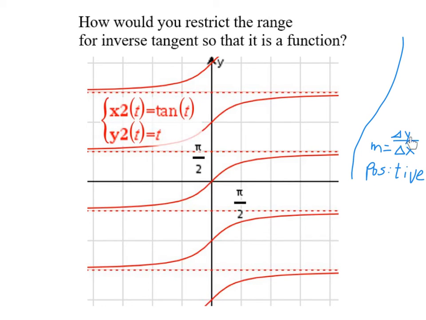Because when you switch x and y, that doesn't change the sign of the slope. So we can know that the inverse tangent is also going to be increasing as it goes between the horizontal asymptotes.